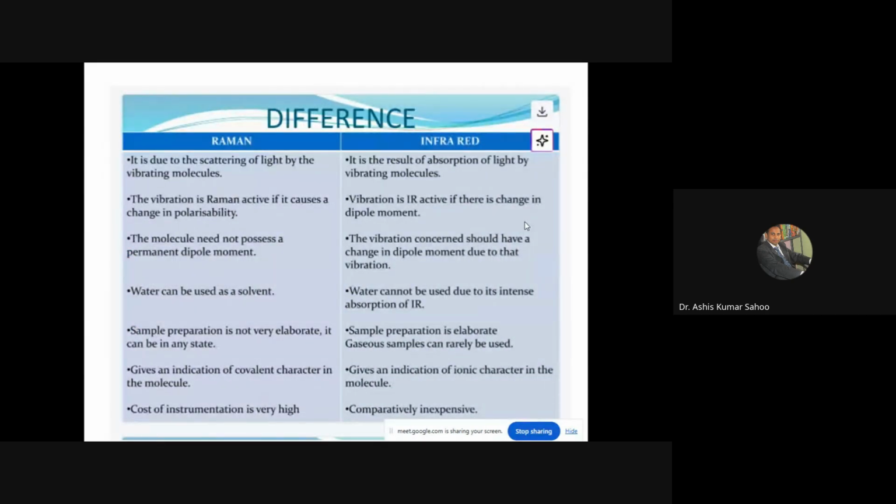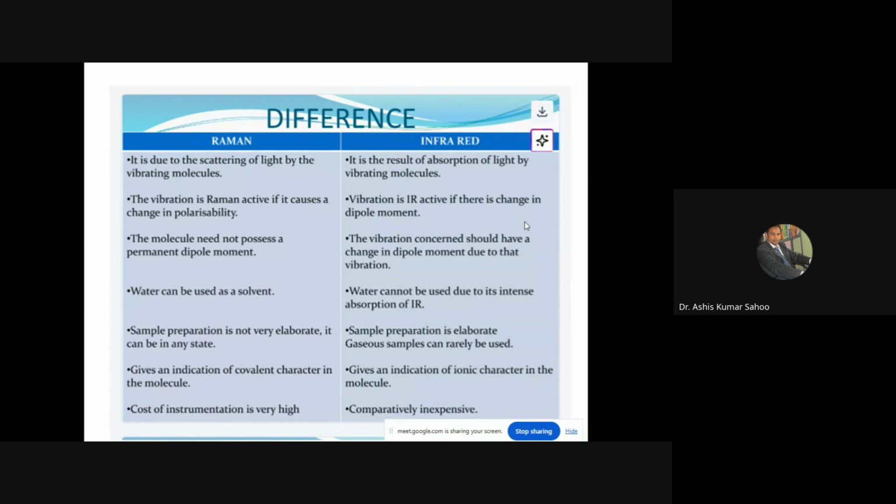So, what is the difference between Raman and infrared spectroscopy? Last class we studied infrared spectroscopy. Raman spectroscopy is due to scattering of light by a vibrating molecule, whereas infrared is the result of absorption of light by vibration.